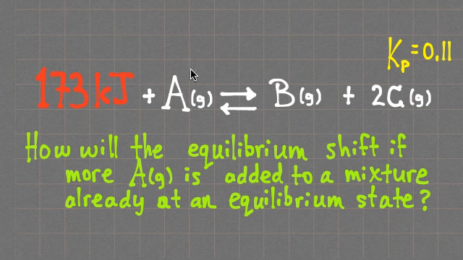She will take some of that extra A that I added and, if I were to do a reaction quotient, my Q would be even smaller than 0.11 now, so she'll go this way to create more B and 2 more C's. In other words, the equilibrium will shift to the right if I add too much of this reactant.